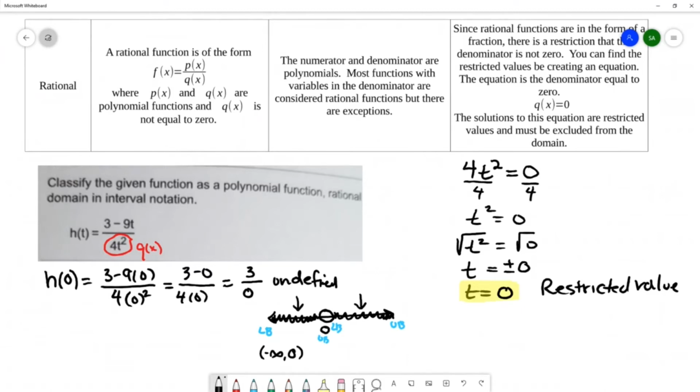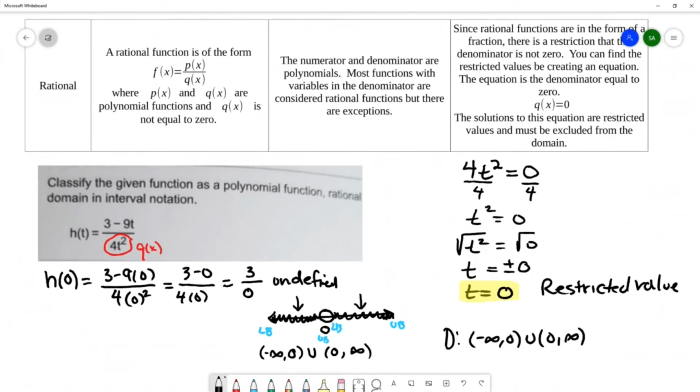And for the other one, 0 is the lower bound, and infinity is the upper bound. And we're going to union those two sets together. So we found that the domain of this rational function is negative infinity to 0, union with 0 to infinity.